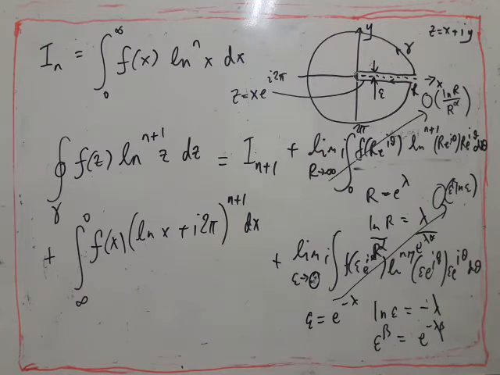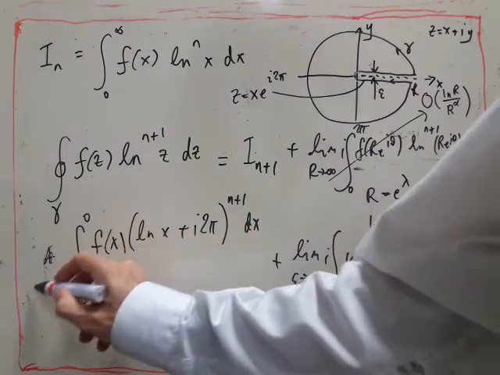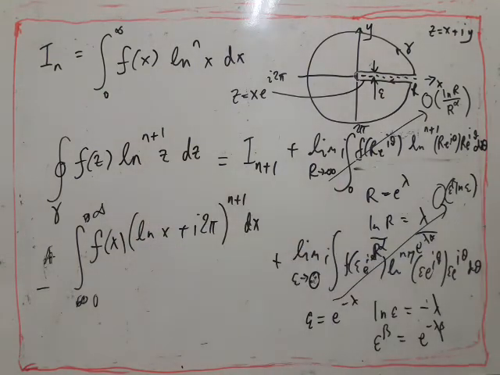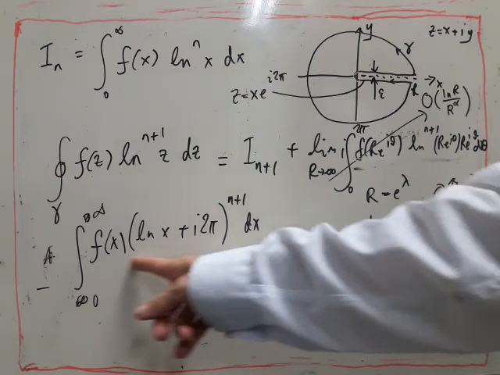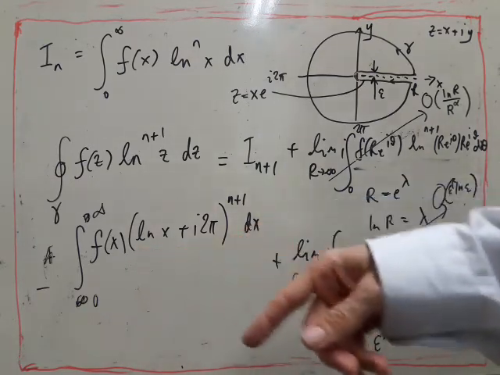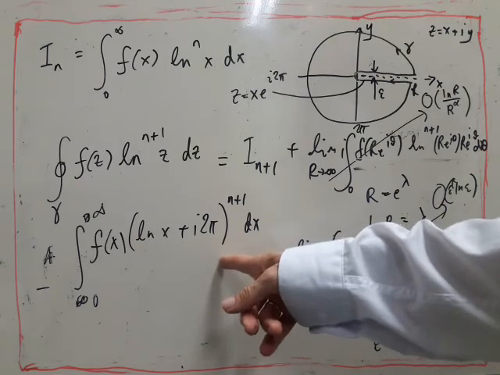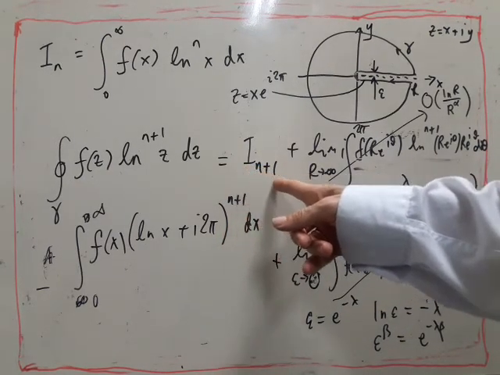Okay, so the important bit is what happens here. We can swap this to a minus sign and swap the limits. And what have we got? Well, we can expand this using binomial expansion. You see the first term when you expand this binomial expansion will be precisely I n plus 1.